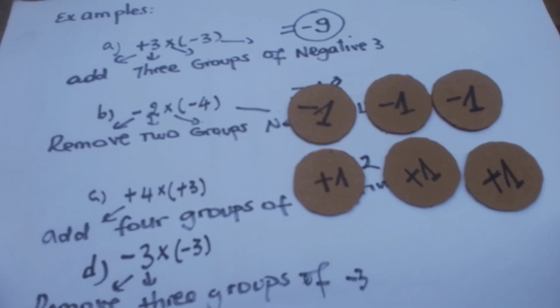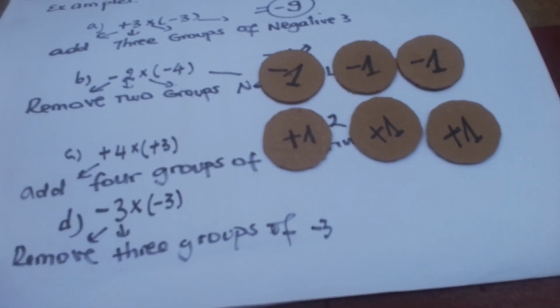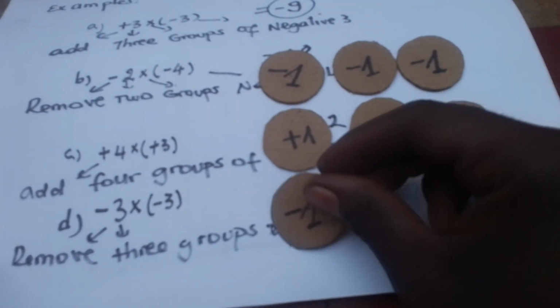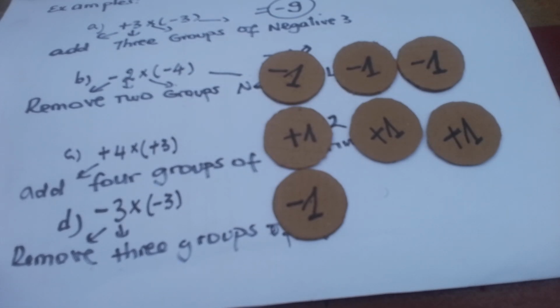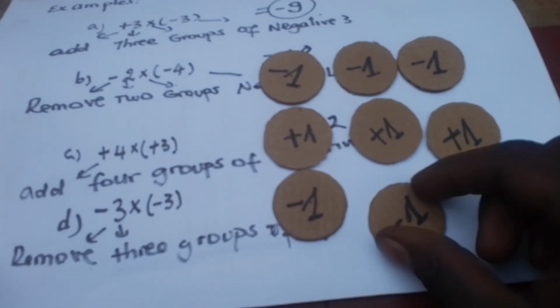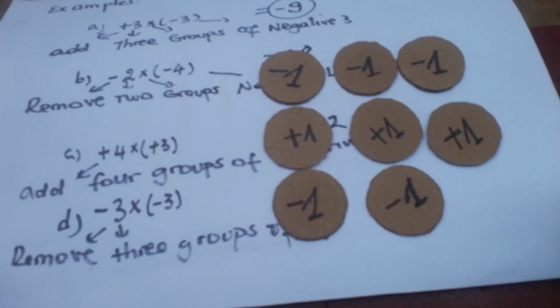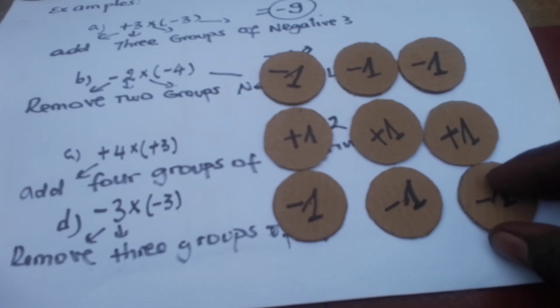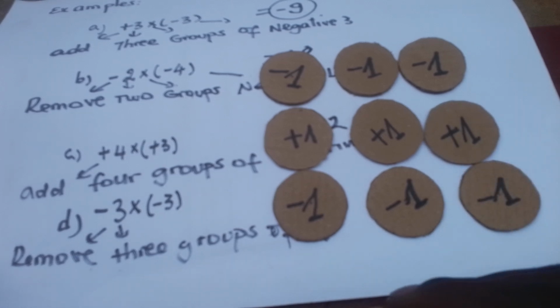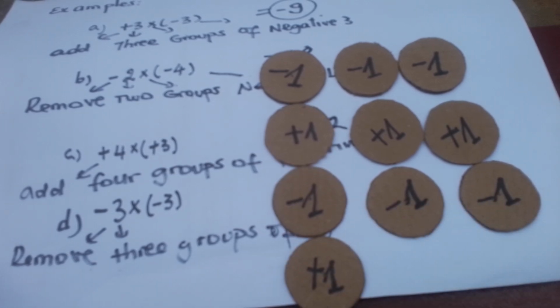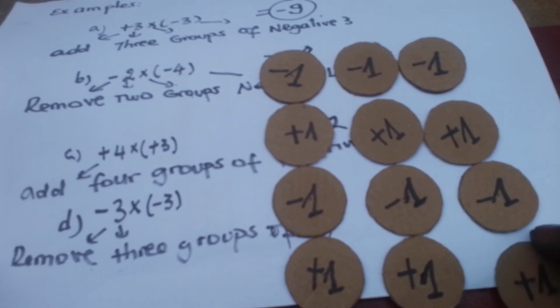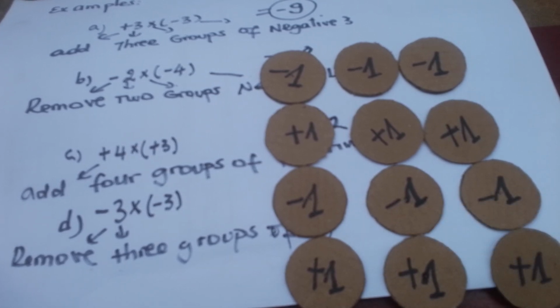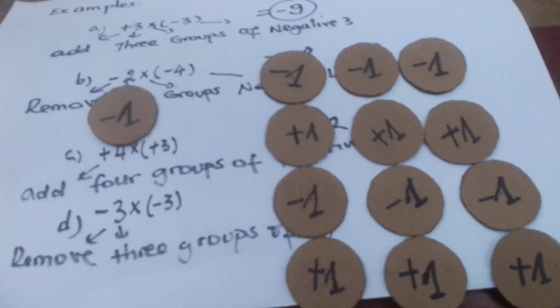I'm going to put the second group of negative 3. And then I'm making them 0. These are the 2 groups of negative 3. Now I can use another group of negative 3 like this.